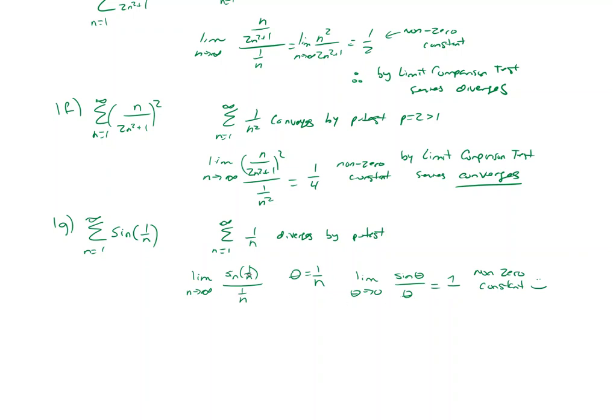It means that sine of 1 over n and 1 over n, this is kind of becoming our only friend, are both approaching infinity at similar speeds. Therefore, if 1 over n diverges, the sine of 1 over n also diverges.